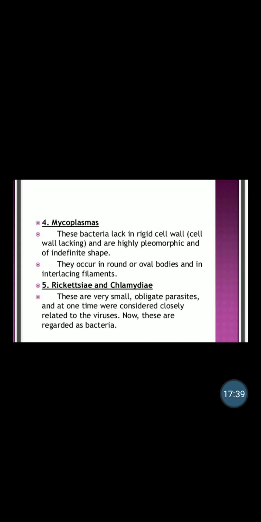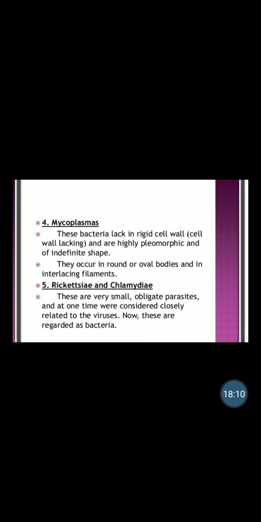Next, mycoplasma. These are the bacteria lacking rigid cell wall, that is cell wall lacking, and highly pleomorphic with indefinite shape. Keep in mind, this is important. What is mycoplasma? These are the bacteria lacking rigid cell wall, and highly pleomorphic and indefinite shape.